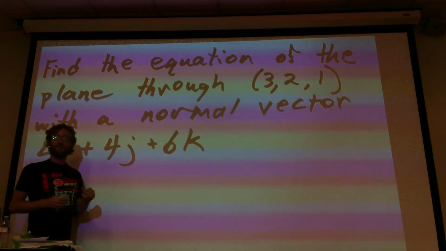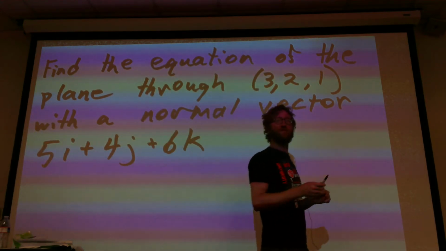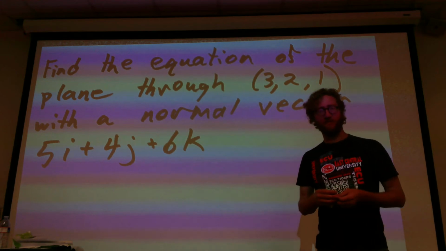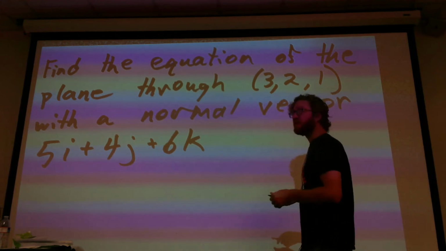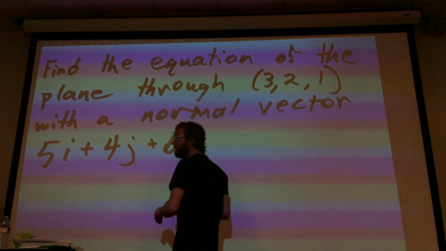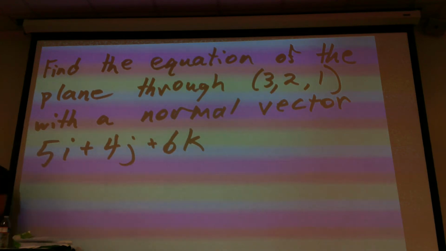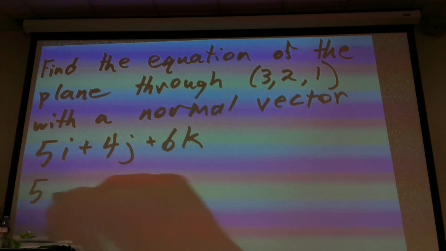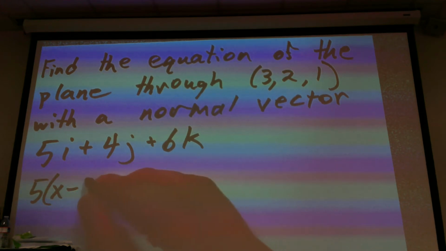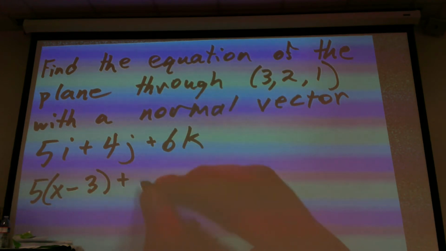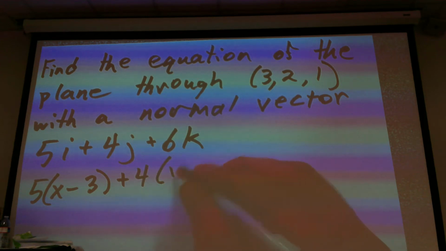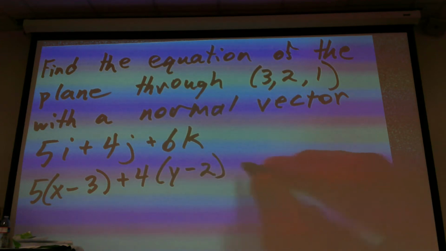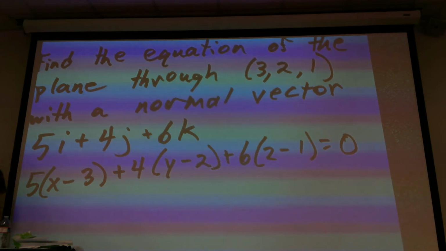So we have a point in space, and we have a normal vector, which is going to be perpendicular to that plane. This is basically just follow the formula. So we would have 5 times x minus 3 plus 4 times y minus 2 plus 6 times z minus 1 is going to equal 0.